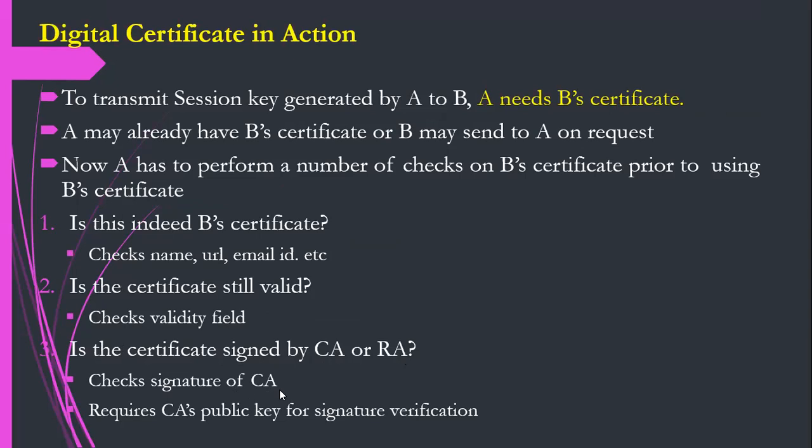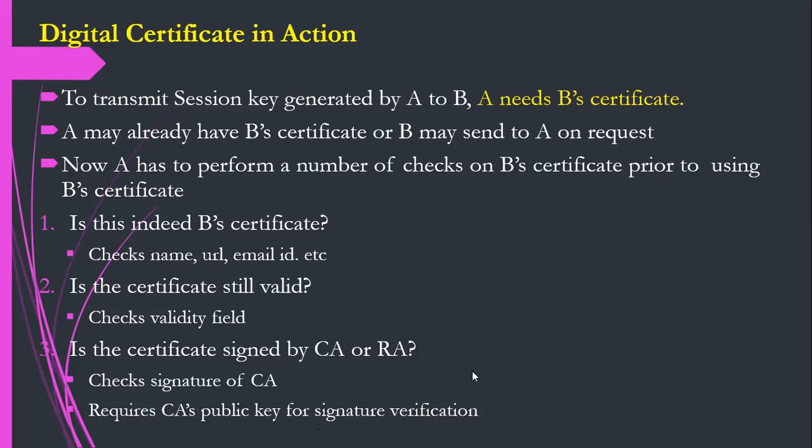So check the signature of the CA. On that certificate, it should have a government seal, right? If the certification authority or registration authority has signed it, then it becomes a valid certificate. This requires the CA's public key for signature verification. We have seen how signatures are verified in the previous discussion.